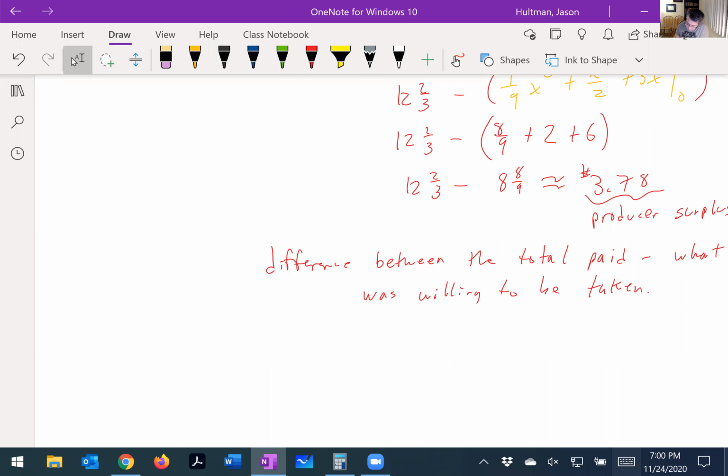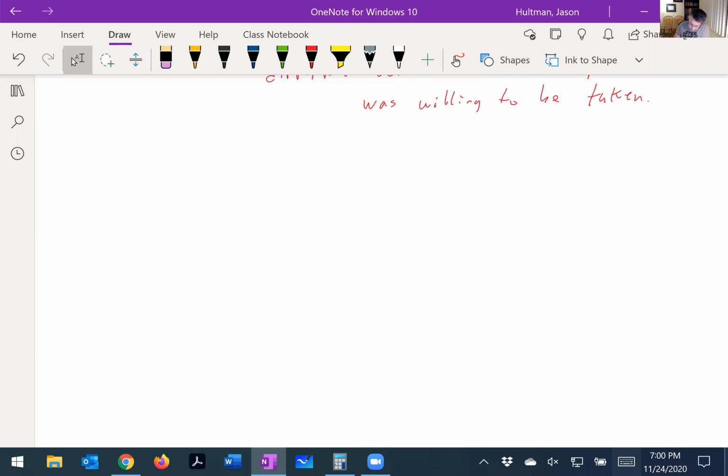Okay, let's find the equilibrium point for this. So what is the equilibrium point?